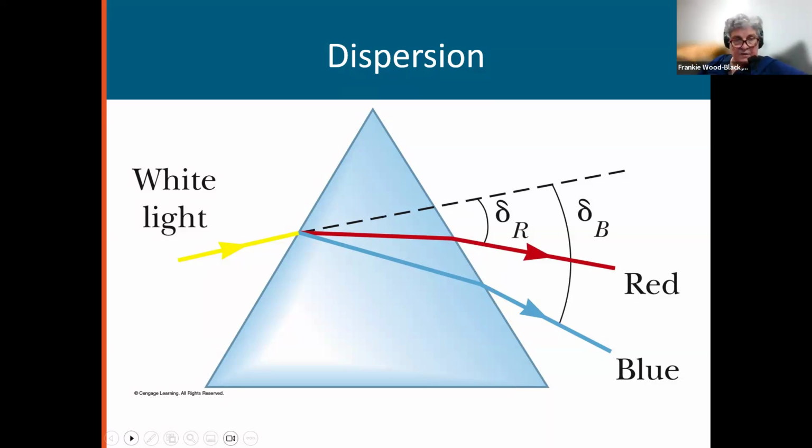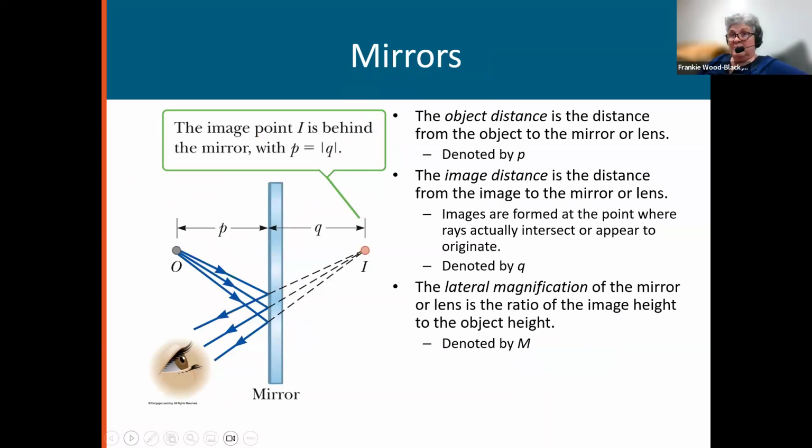Okay, so now we're going to talk about mirrors. We always start with a flat mirror. And for a flat mirror, we're going to use our angle of incidence and our angle of reflection. So if I have an object out here, in our book, we use O to represent the object. We use I to represent the image.